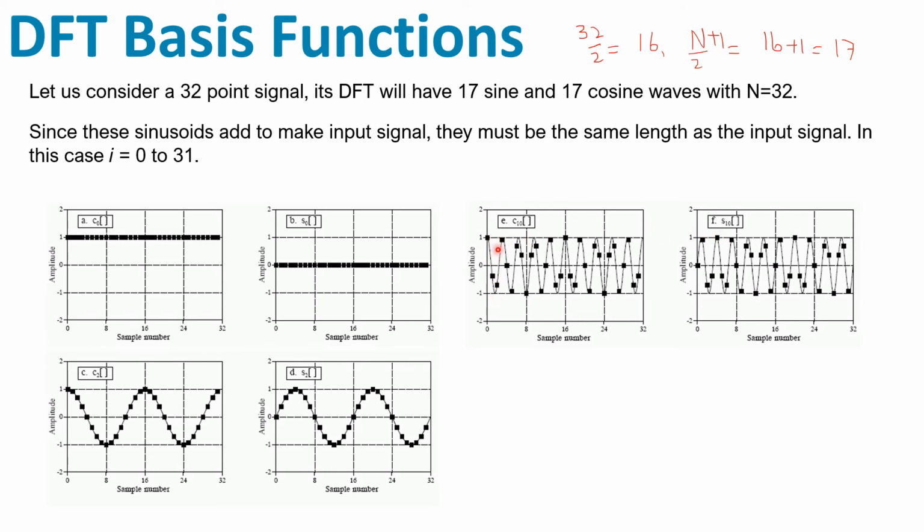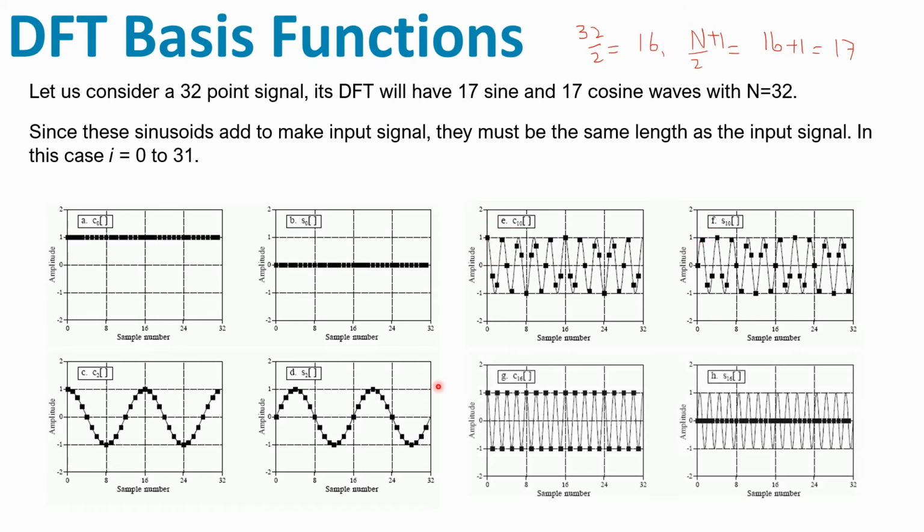It has 10 cycles, 1 2 3 4 5 6 7 8 9 and 10, and similarly the sine has 10 cycles. And the last one will be the 17th, because the first is the 0th, so the last will be C16 and S16, like this.